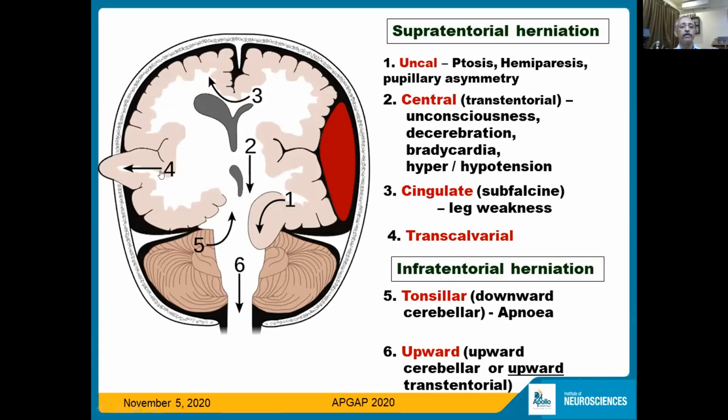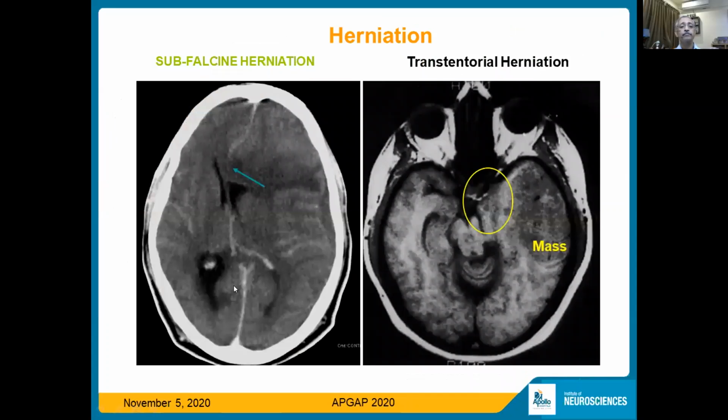And transcalvarial, because whenever a craniotomy is done, which we normally do as a decompressive craniotomy for raised ICP, and there is an increase in the edema, there is herniation of the cranial contents, which allows it to expand into the craniotomy defect and prevents central herniation, which can result in various cardiovascular and respiratory disturbances.